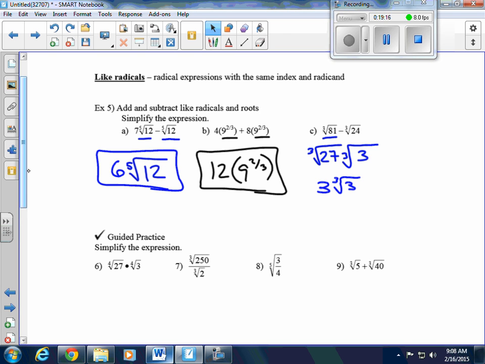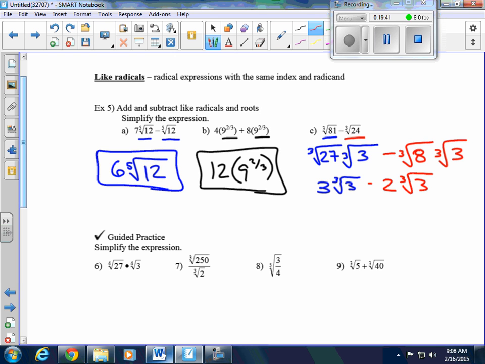That's with the 81. Now let's take the second part. We're going to do the same thing here. Are there any factors of 24 that are 3rd roots? And that is also true of 8. And 8 times 3 is 24. So now the 3rd root of 8 is 2.